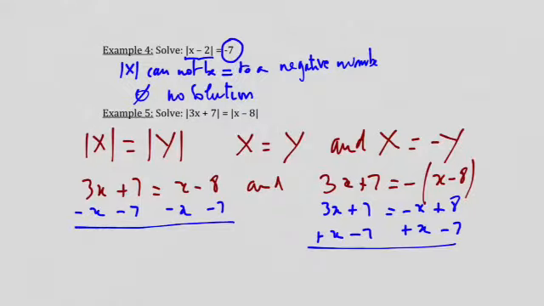Pretty simple. The 7 disappears, the x disappears, the 7 disappears, and the x disappears. I'm getting 2x equal negative 15, so x equal negative 15 over 2, and on this one I end up with 4x equal 1, so x equal 1 divided by 4.